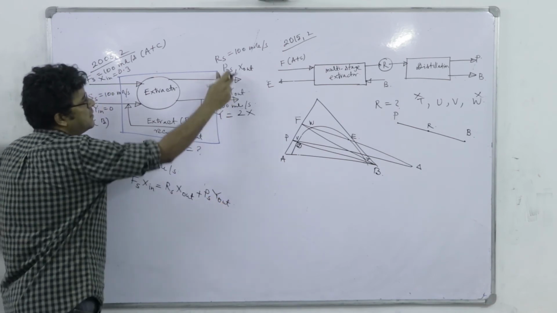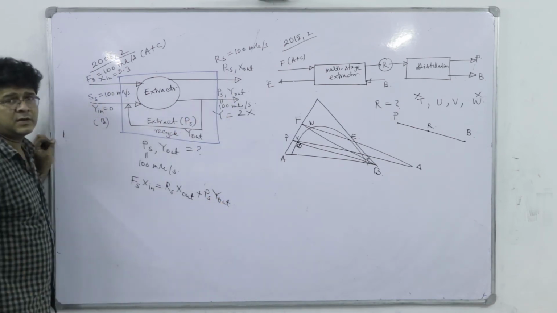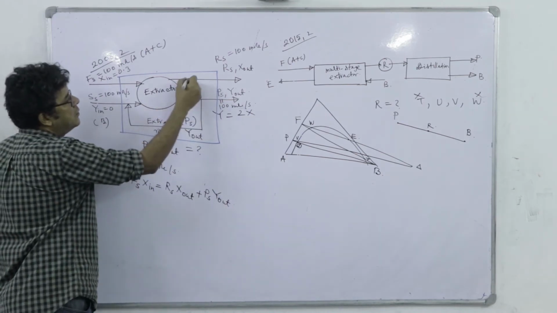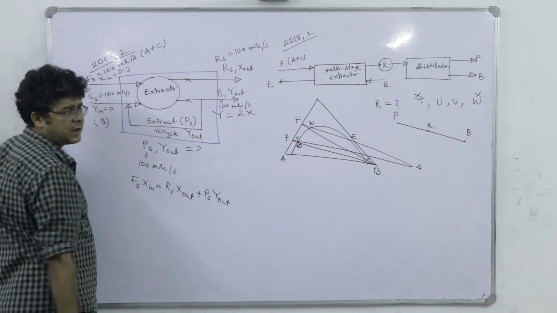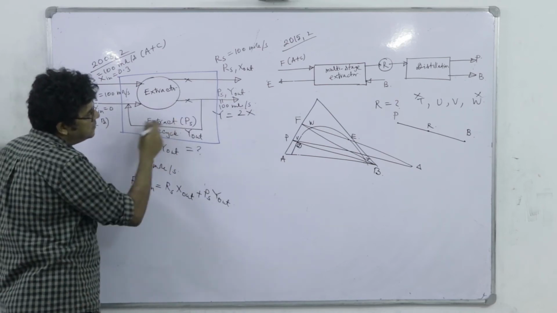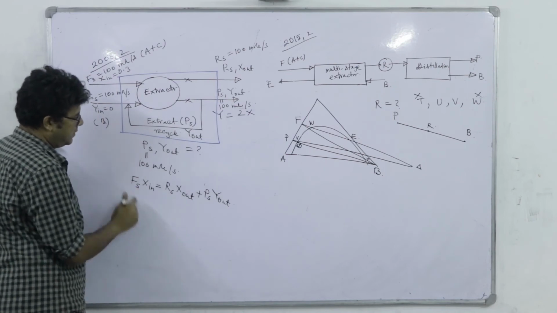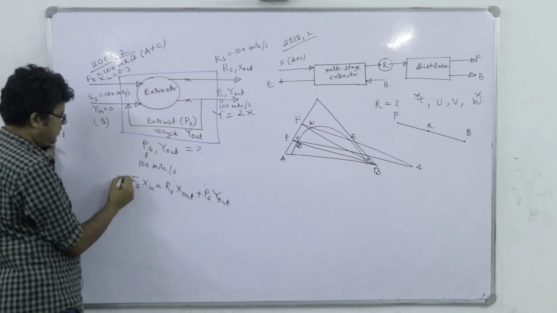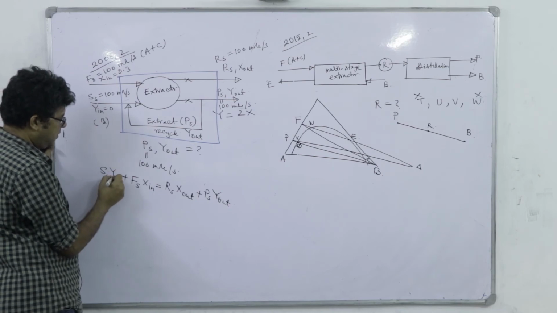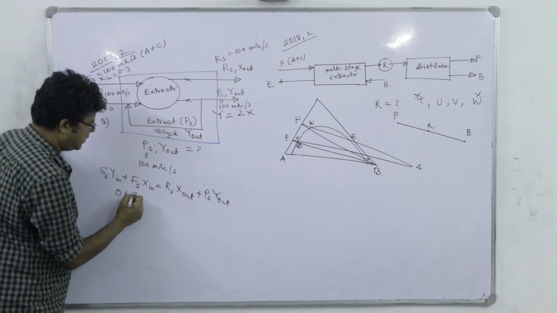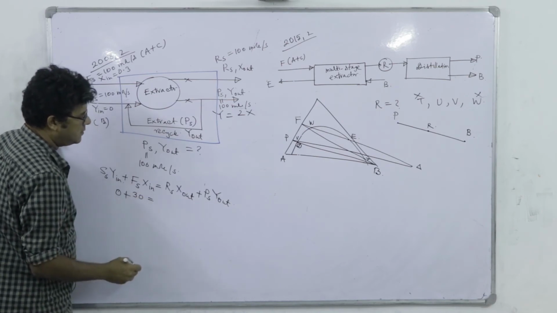And these two compositions definitely are in equilibrium, because they are just moving out from the extractor. Now, here is splitting, so definitely these two must be in equilibrium. So, Fs into Y in is 0, and Fs into X in is 30.